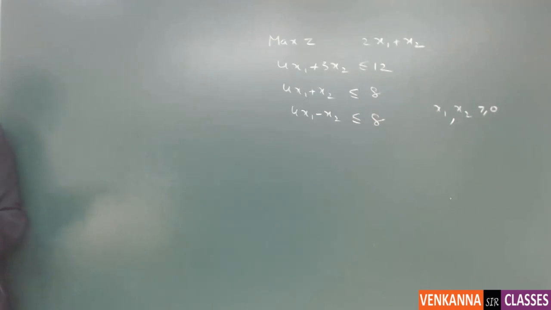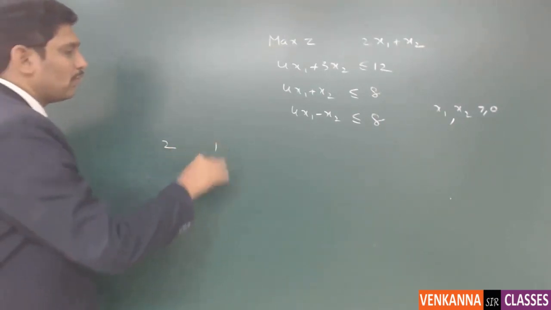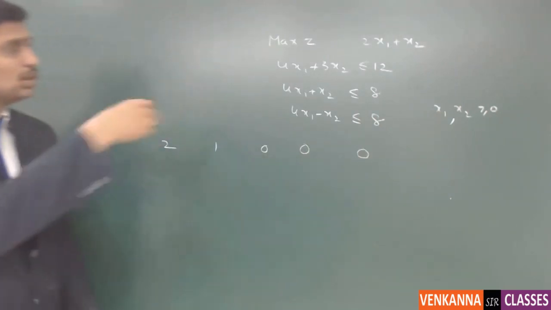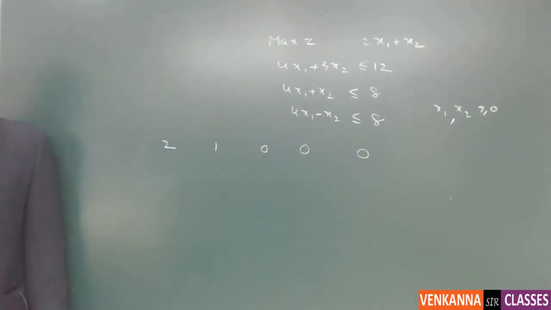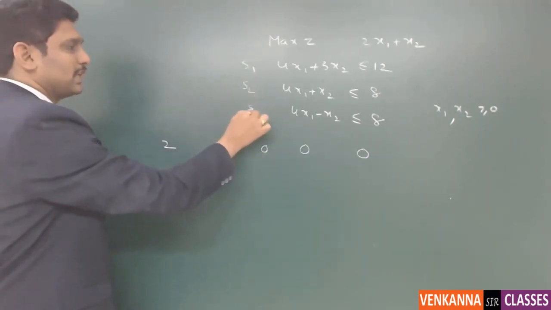Fine. So after introducing the necessary variables, the table looks like this. So 2, 1, 0, 0, 0, because we have 3 less than or equal to inequalities. In each case, we have one slack variable, S1, S2, S3.